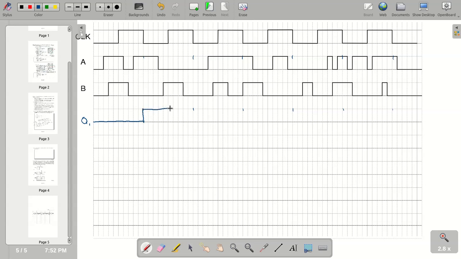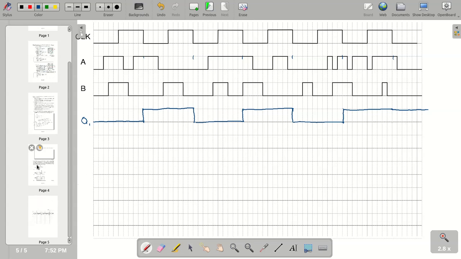Then the next one, A is low, so it goes low, and then A is high, it goes high, and it goes low, and it goes high, and it goes high and stays that way to the end. Okay, that's that.